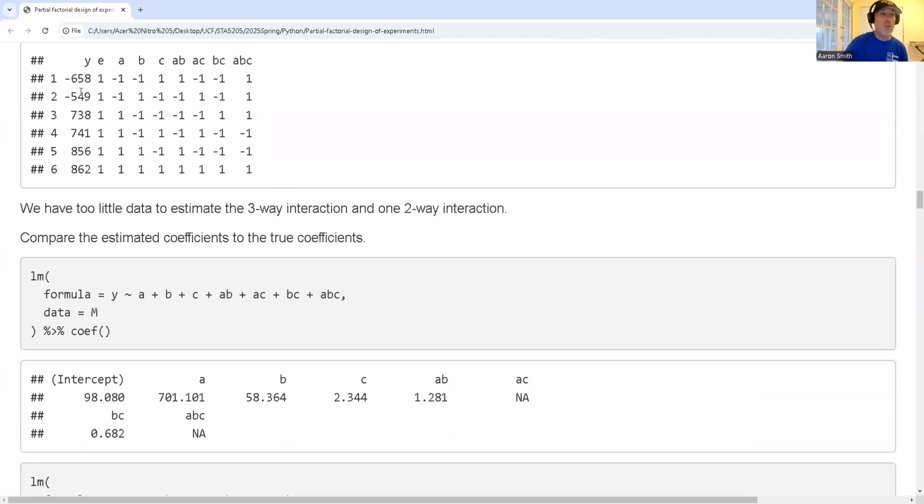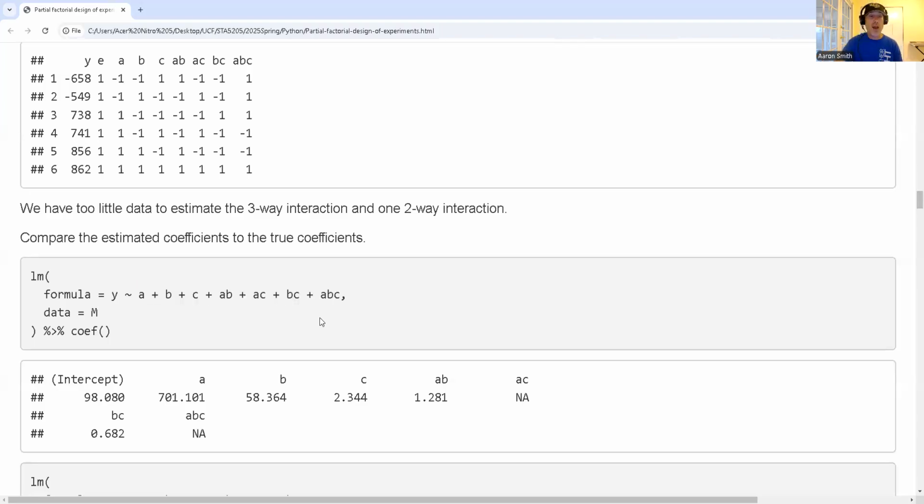Well, I've got 1, 2, 3, 4, 5, 6 rows of data. The best that I could ever possibly do is estimate 6 parameters. And remember, the intercept counts as a parameter. All right, well, 1, 2, 3, 4, 5, 6, 7, plus 1 for the intercept, 8.